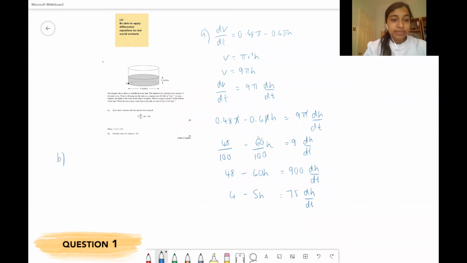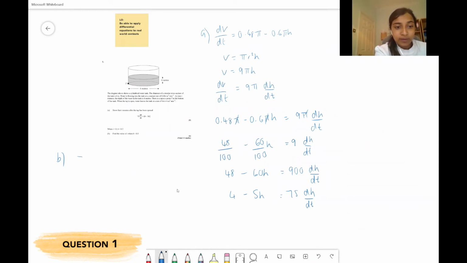Okay, so now we want to try and solve part b. It says when t equals 0, h equals 0.2. We want to find the value of t when h equals 0.5. To do this, we want to separate our variables to get all the h expressions on one side and all our t's on the other. We don't have any t's in our equation, we just have everything in terms of h, but we can still separate this.